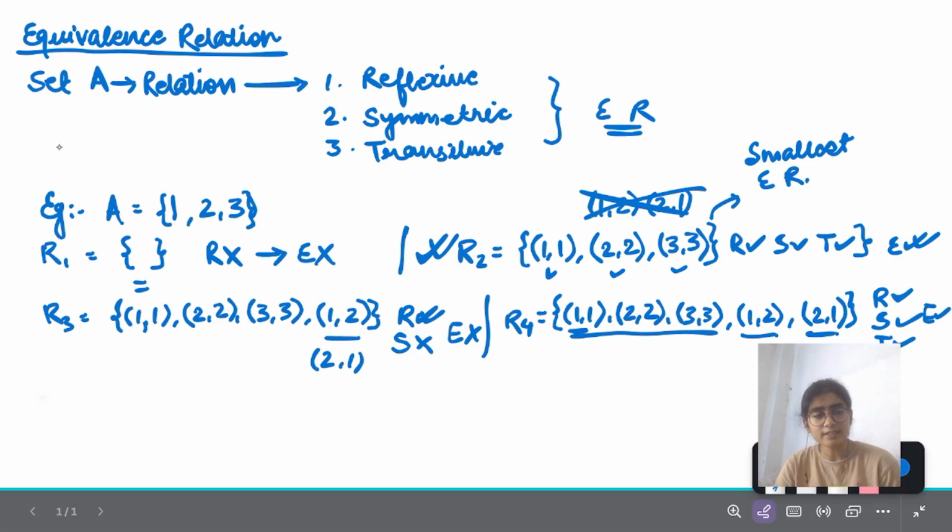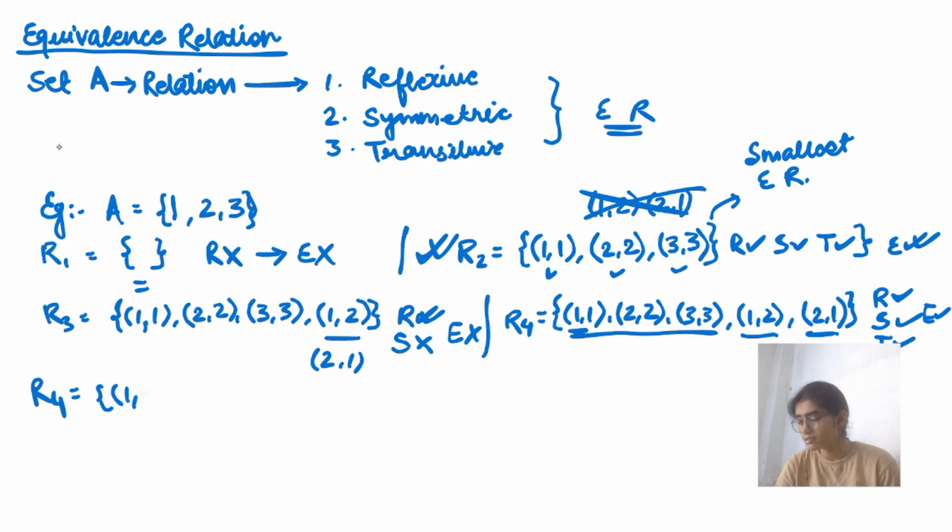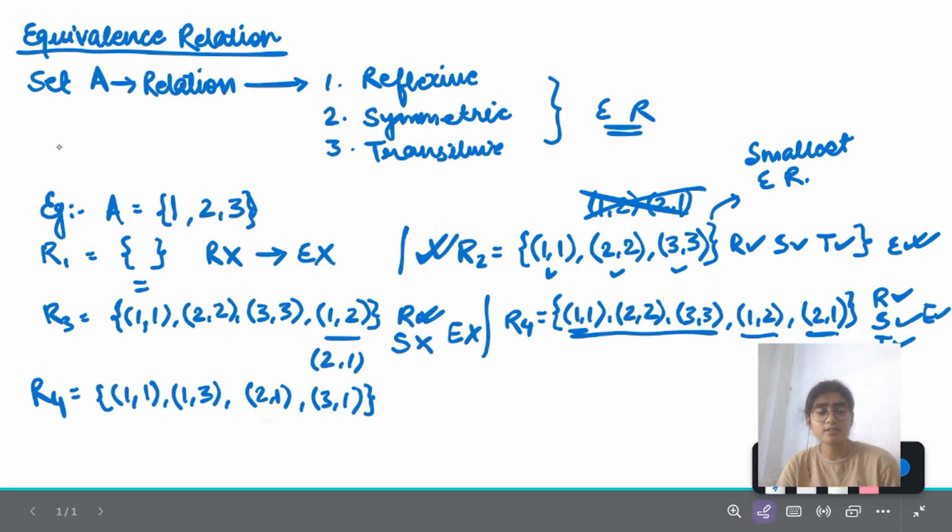Now let's see the next relation. The example is (1, 1), (1, 3), (2, 1), (3, 1). Okay, so this is our relation. Let's check it.